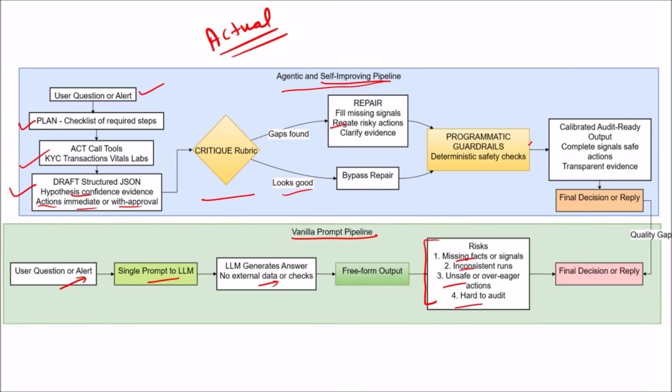Once you pass the information through these guardrails, you will find that the output is a calibrated, audit-ready output, and it contains the complete signals for safe actions. It contains the transparent evidence, so you can easily audit it. Then it will be sent to the LLM, and then you can get the final answer. So this is the way, and that's why we can close the quality gap.